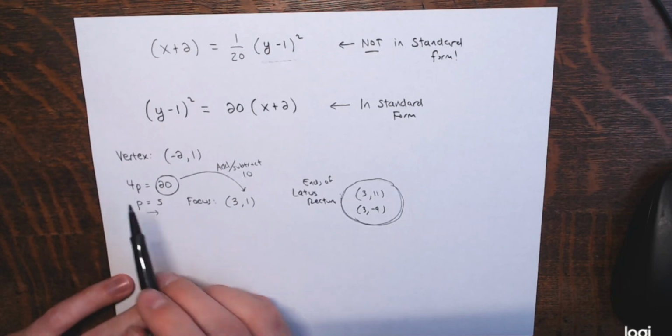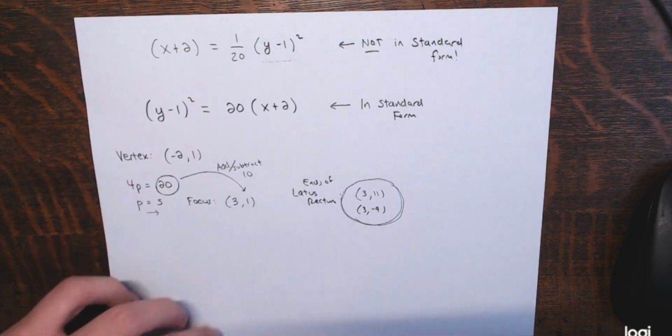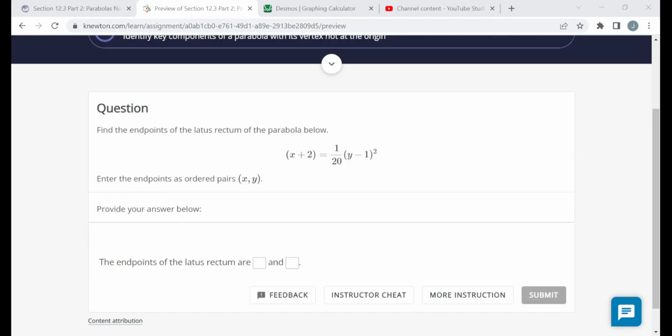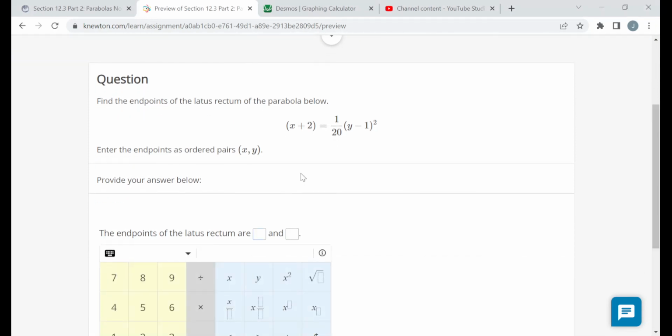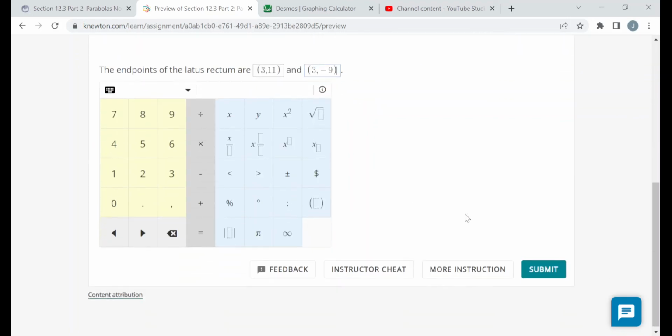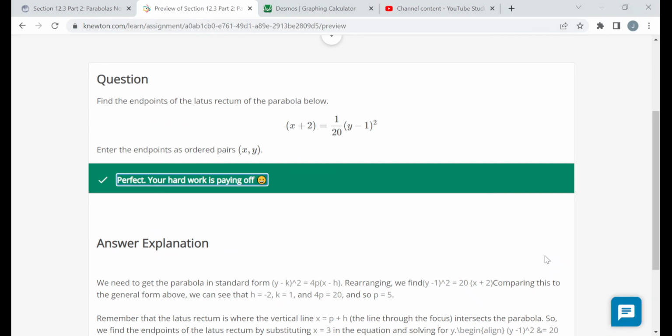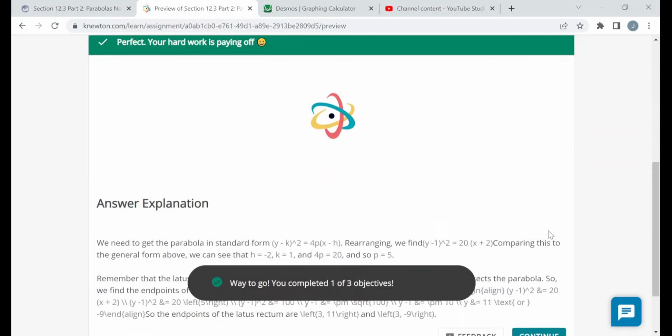And the same thing with (3, -9). Just make sure that the endpoints of the latus rectum you find are actually solutions of the equation. So (3, 11) and (3, -9), those should be good. Wonderful. All right, so that objective's done.